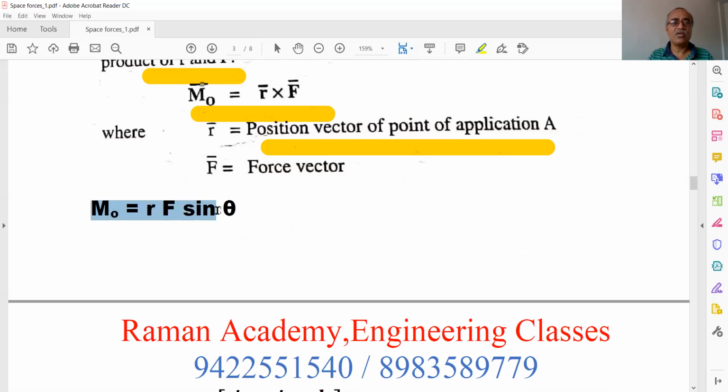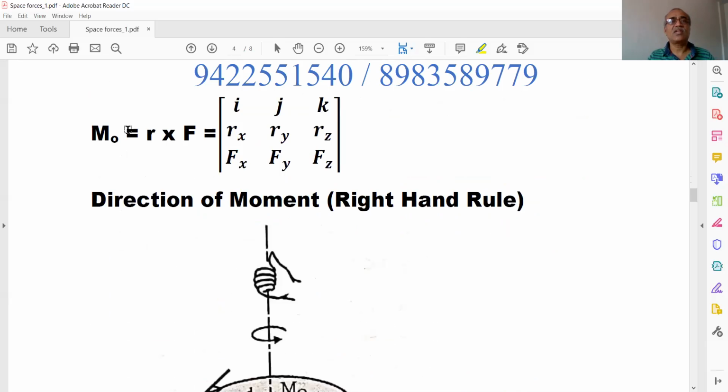So MO is equal to R F sin theta, or MO is equal to R cross F, which we have already seen. The next point is that this MO, or R cross F, can be represented in the form of a matrix, that is, R cross F is equal to the determinant of i j k, Rx Ry Rz.